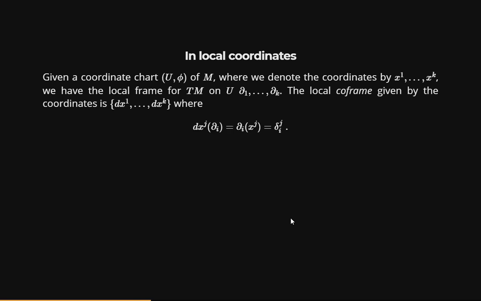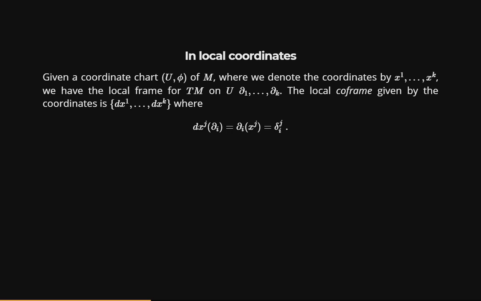The local coframe given by the coordinates is dx1, ..., dxk, where dxj is a section of the cotangent bundle, so a differential form. A differential form is something which takes a vector field and gives you back a function. So at each point, it takes the tangent vector and gives you back a number, so in the end you have a function.